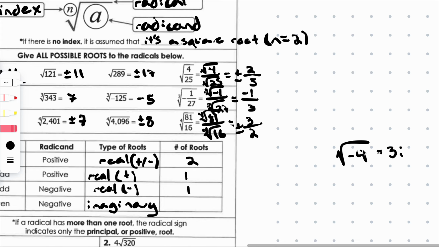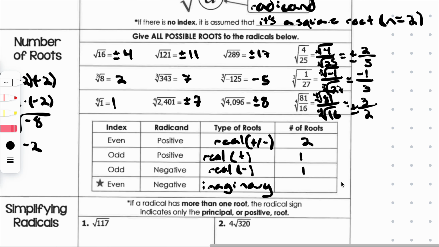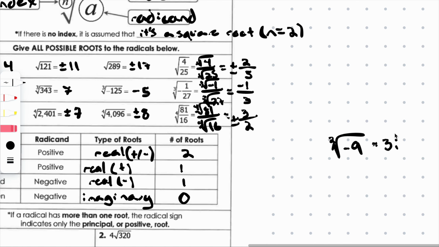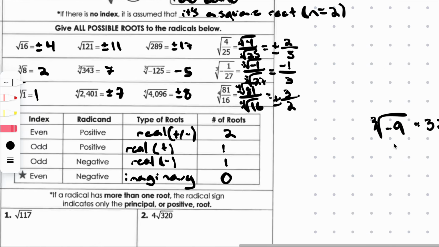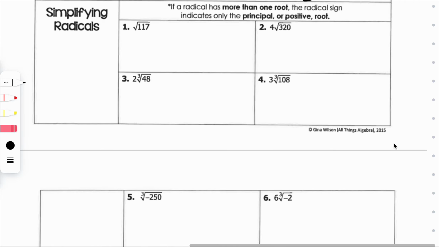We can't take the square root of a negative number, and we can't take the 4th root of a negative number, or we can't take an even root of a negative number. Okay? So this would be 0 real roots. Okay? And maybe you can say plus or minus 3i, but those would both be imaginary.